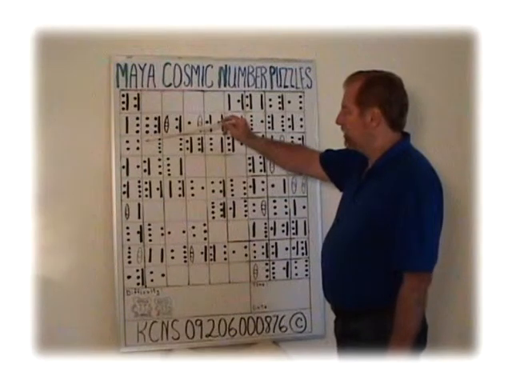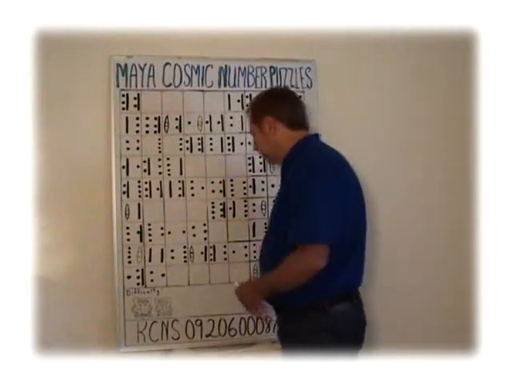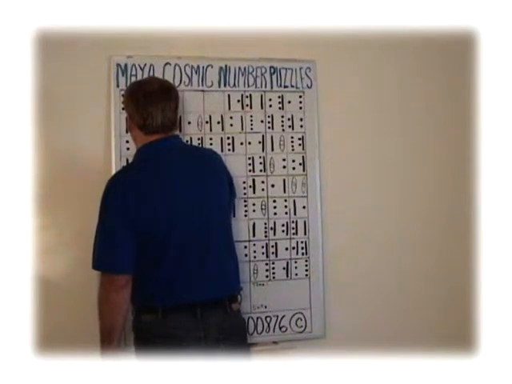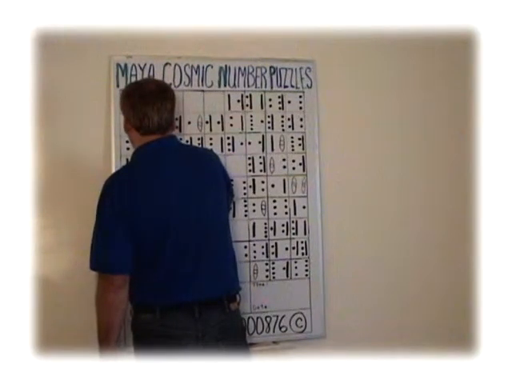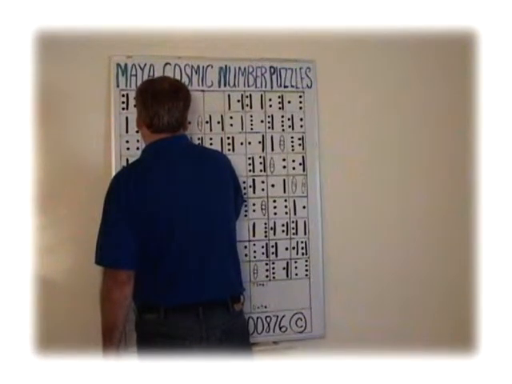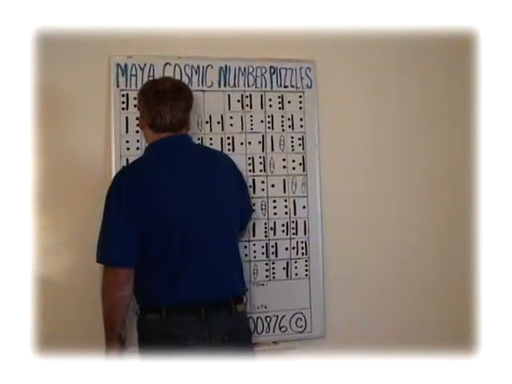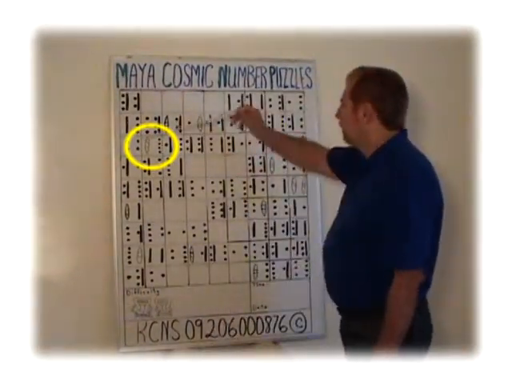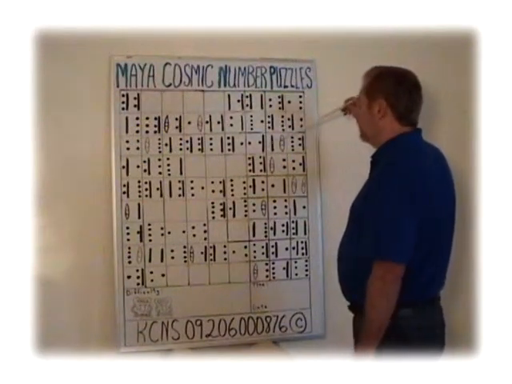That means the 0 must go here. That solves for that row.